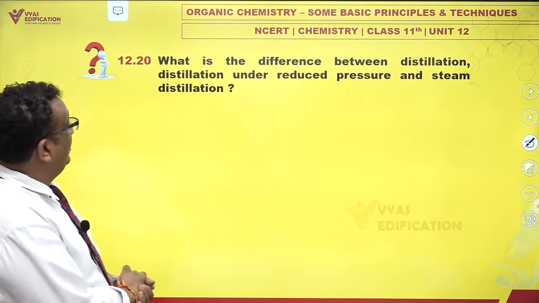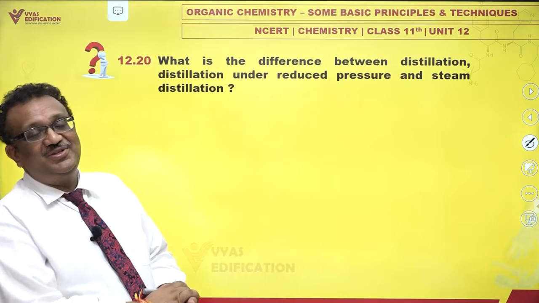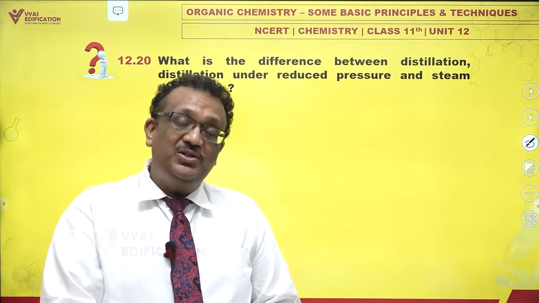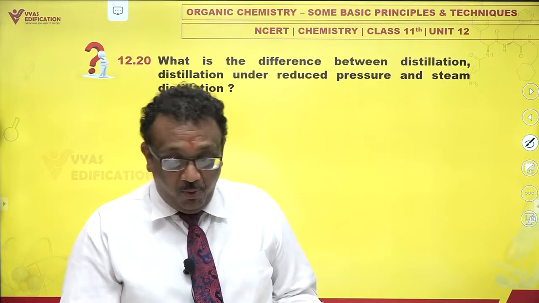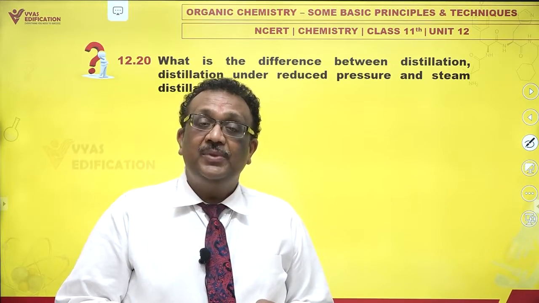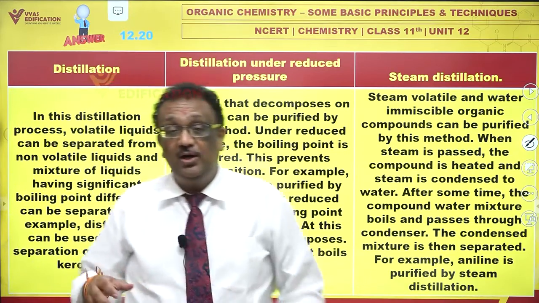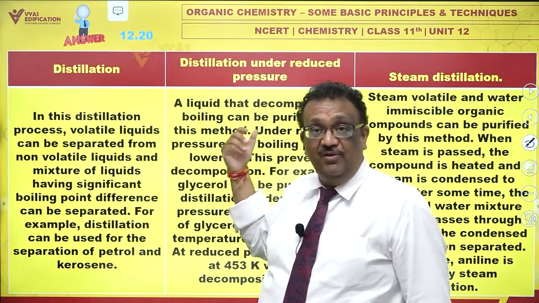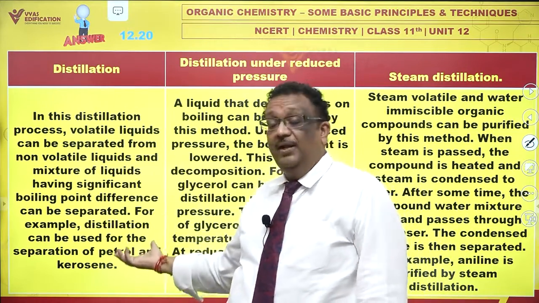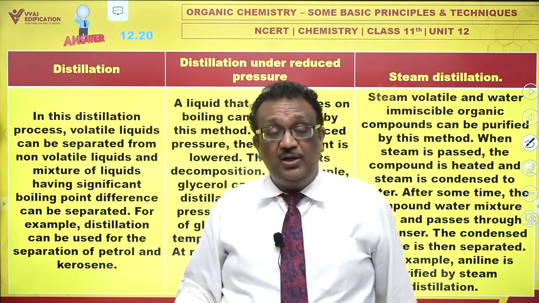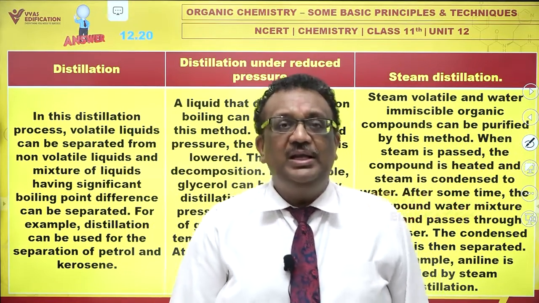What is the difference between distillation under reduced pressure, and steam distillation? Now, what is distillation, dear? In distillation, you boil a given liquid mixture, and if you have a component in the mixture which is volatile, it evaporates away, which you can cool, condense and separate out, and the remaining portion is either non-volatile or has a much higher boiling point, which does not boil easily.